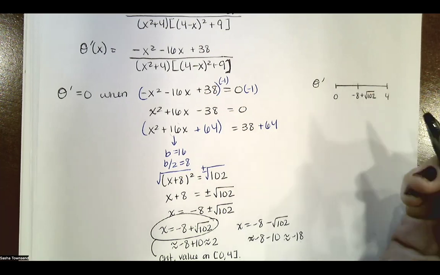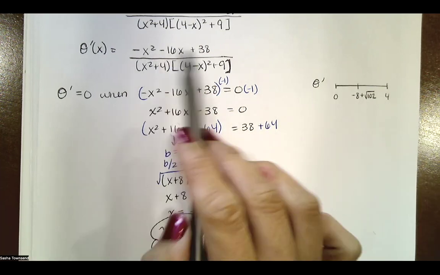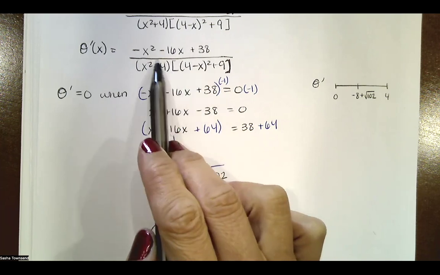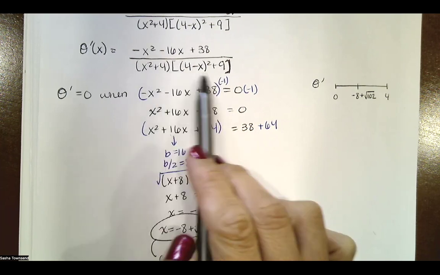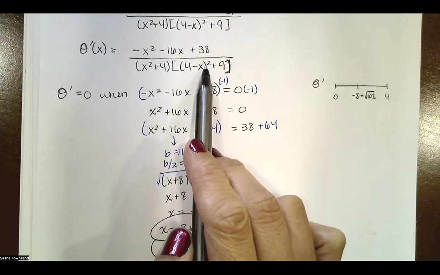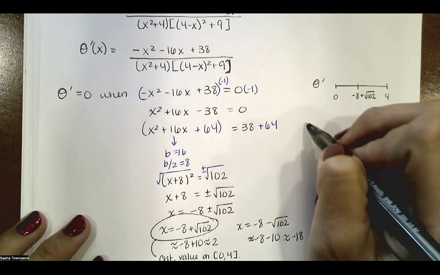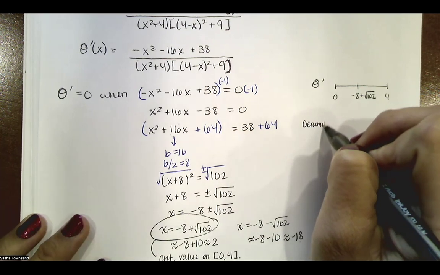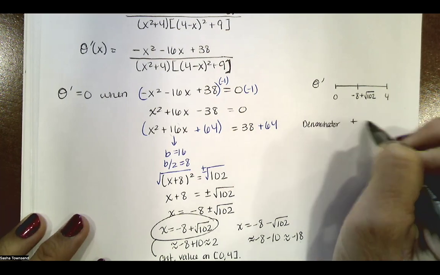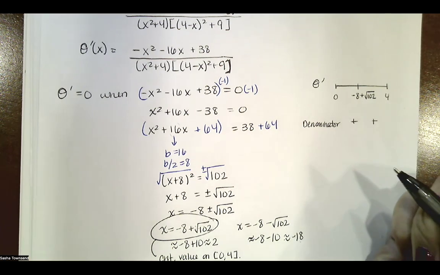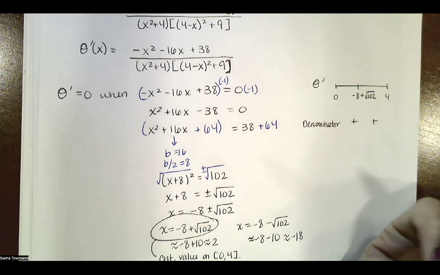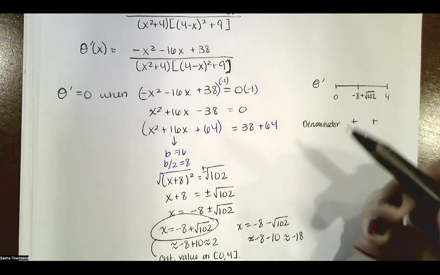That's on the interval. And we see that theta prime is this function divided by this function times this function. The product in the denominator, I'm just going to write denominator, is always positive. So it doesn't matter which interval we're on, that denominator is always positive. But that numerator is sometimes positive and sometimes negative.